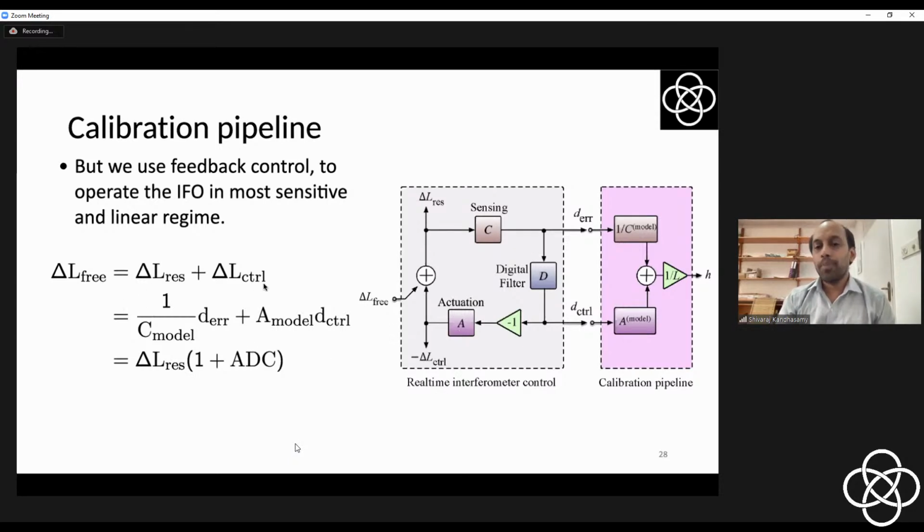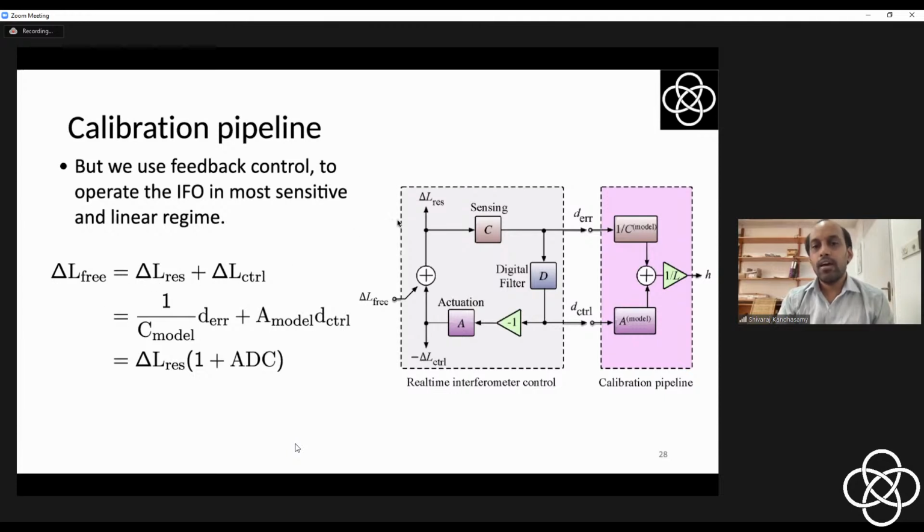So if I do a loop calculation, for example, delta L residual here is basically the sum of delta L free and delta L control. Delta L free is the gravitational wave signal falling on the instrument, and delta L control is the control signal that I'm applying. So this signal is the sum of these two. Then if I want to know delta L free, the effect just due to the gravitational signal, I can rearrange this and I will get this equation.